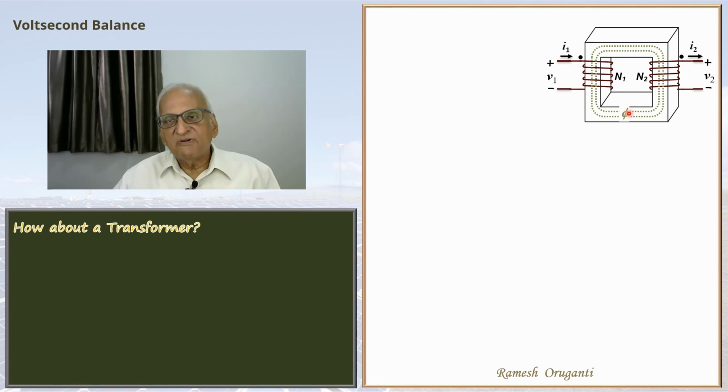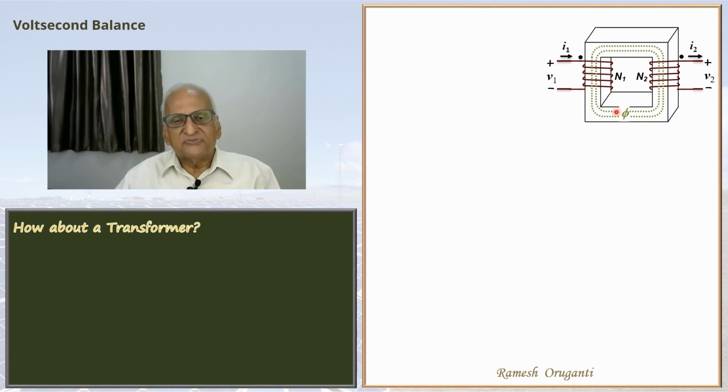We will make some simplifying assumptions so as to easily understand what is going on. One assumption is that there is no leakage flux. Because of this, in the equivalent circuit, the leakage inductances will be absent. The second assumption is that the core is linear. There is no hysteresis, there is no magnetic saturation.